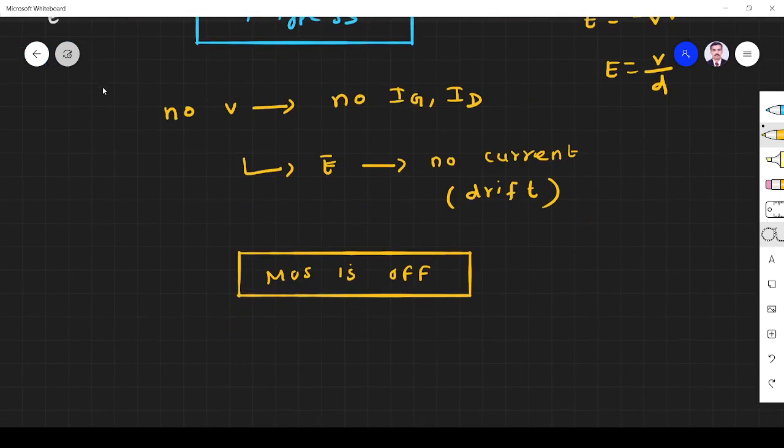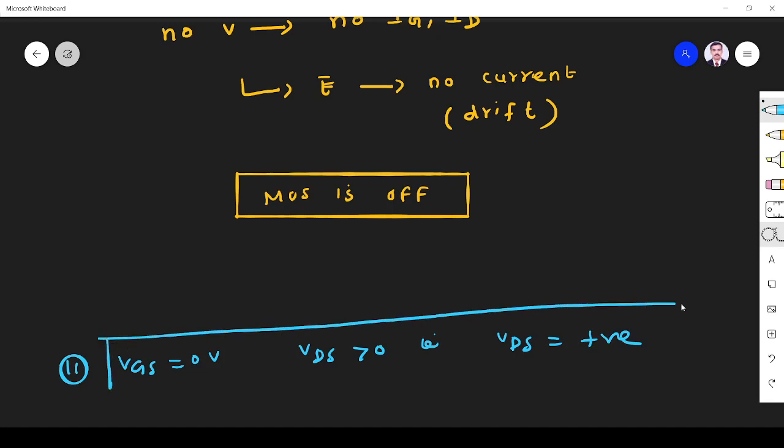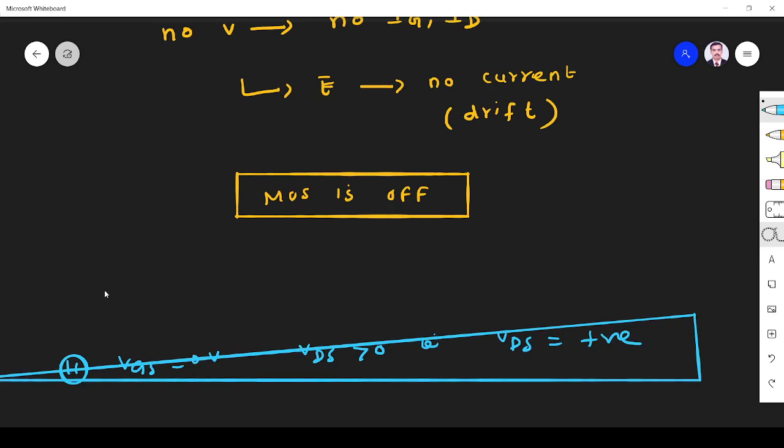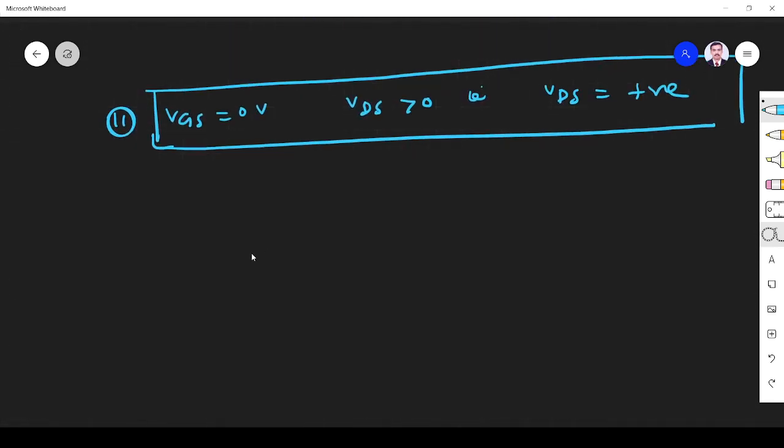Fine. In case 2, we keep VGS at 0 and VDS is greater than 0, that is, VDS is positive. Let us see what will happen. As usual we draw it.